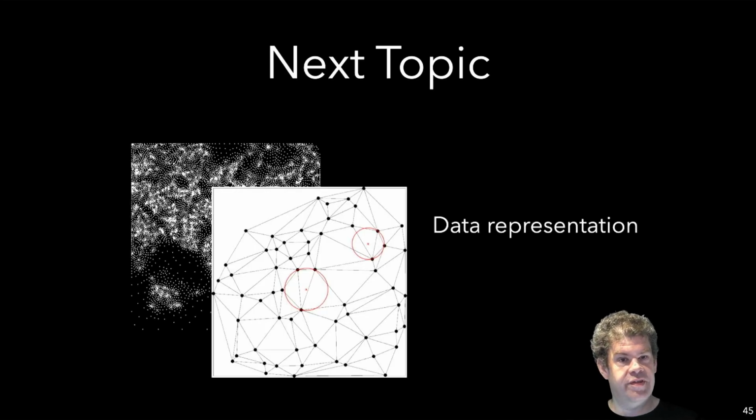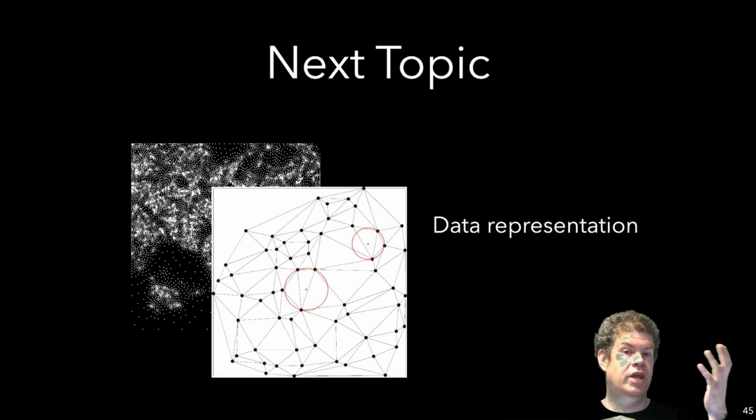So the data representation, which will be the next topic, next stream, is the same for a lot of medical scans, such as CT or MRI, or PET for that matter, also for simulations that I mentioned before.